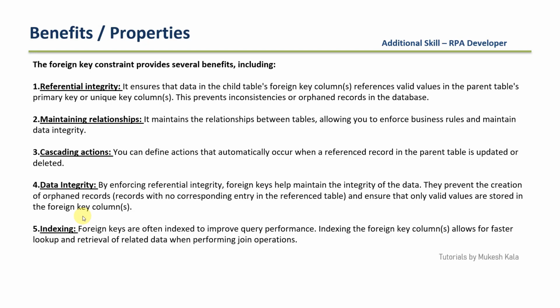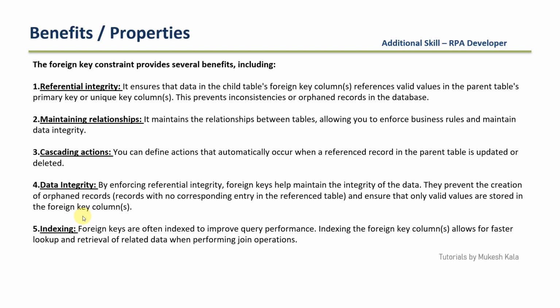Foreign keys are often indexed and improve query performance. If you have a foreign key on your table, it will automatically generate an index, and indexing will allow you to retrieve the results faster whenever you do a select or perform some kind of join operation. So these are the properties which we need to understand whenever we are working with foreign key constraints.